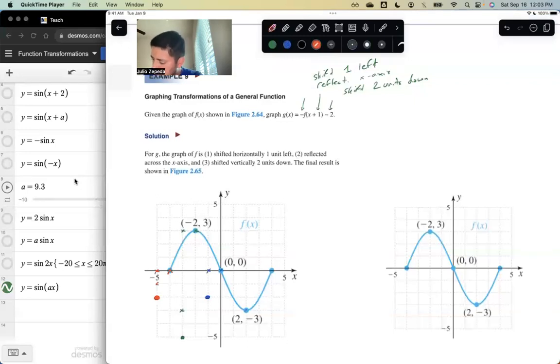Another one in red, 1 unit left. Reflect about the x-axis. Instead of being 3 units below the x-axis, it will be 3 units above the x-axis, and then shift it 2 units down right here. And finally, the last one here, 1 unit left. Reflect about the x-axis and 2 units down right there.